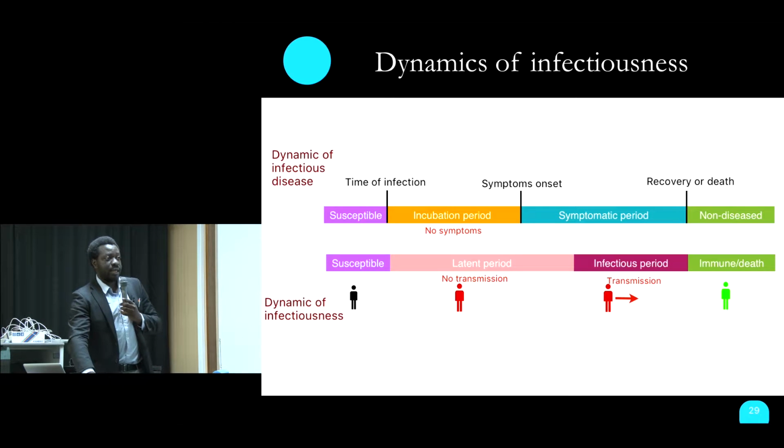And then you have the infectious period. Here, the person becomes able to transmit the infection, and that's why I've put an arrow here to show that there is ability to transmit the infection. And then the late stage is immune, death, or whatever outcome.